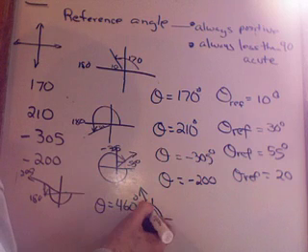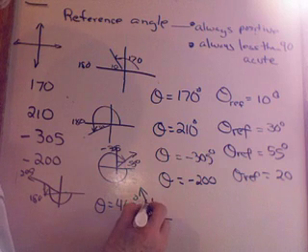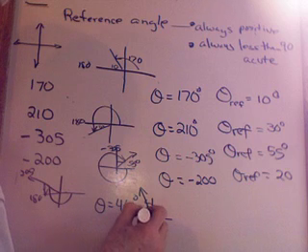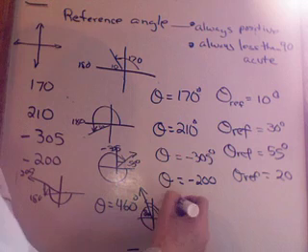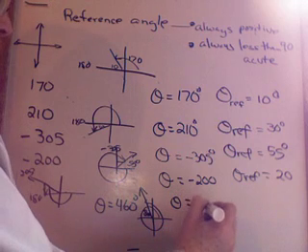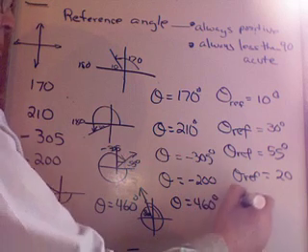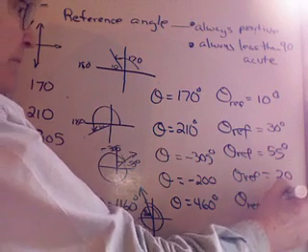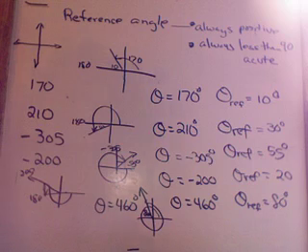So if that's 100, what's the distance from here to the x-axis? 80. So when theta equals 460, theta reference equals 80. It's the acute angle that you make with the x-axis. So drop a perpendicular to the x-axis and find that angle coming right off of the center. And that is your reference theta.